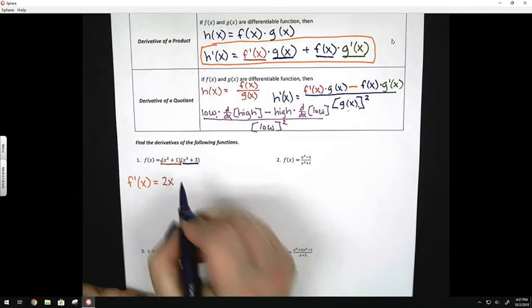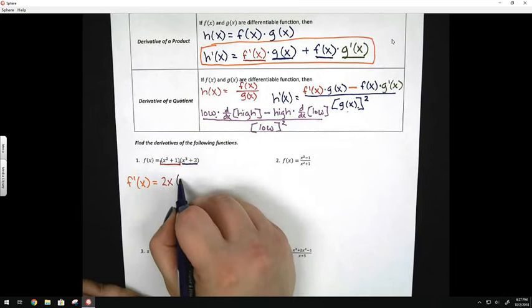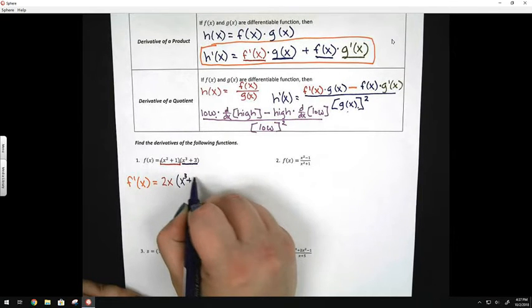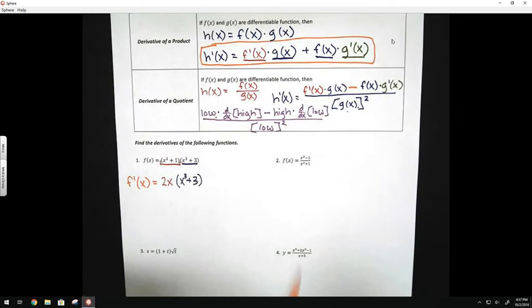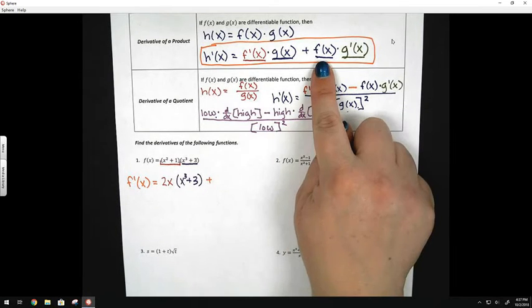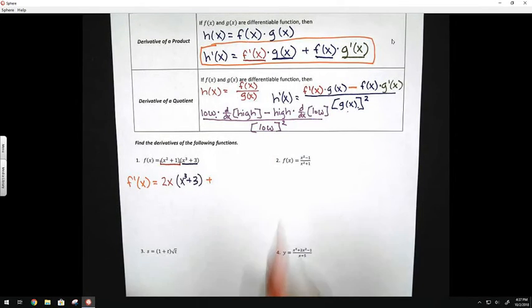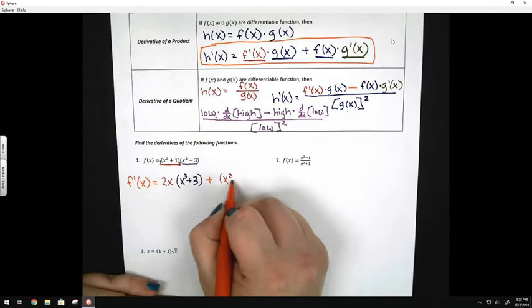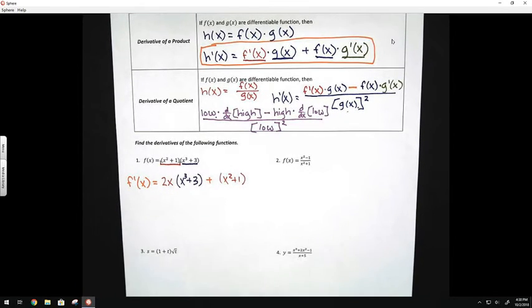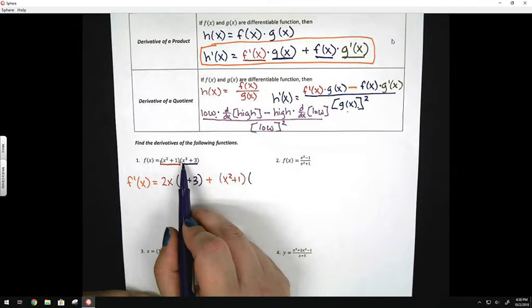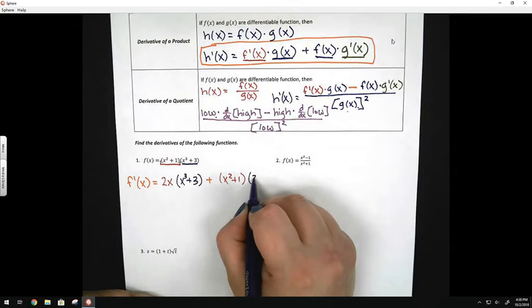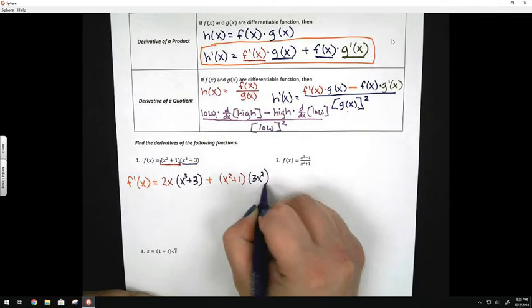And I'm going to multiply that by my second function, which is x to the third plus 3. I did not take the derivative of this piece yet. Then I'm going to add the next piece, which is my original first function, so x squared plus 1, times the derivative of my second function. So x to the third plus 3, that derivative is just 3x squared.